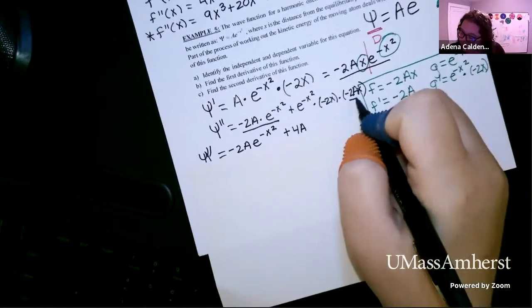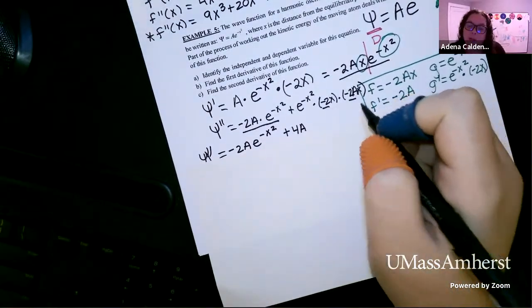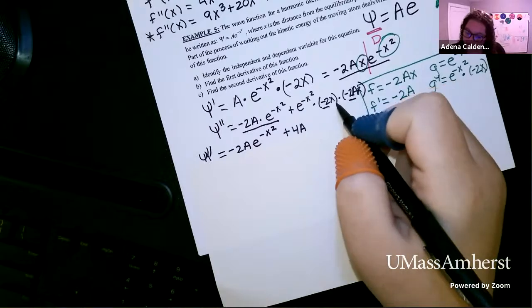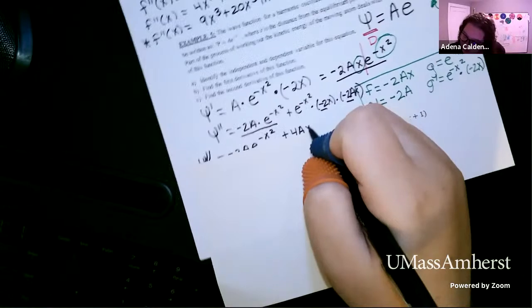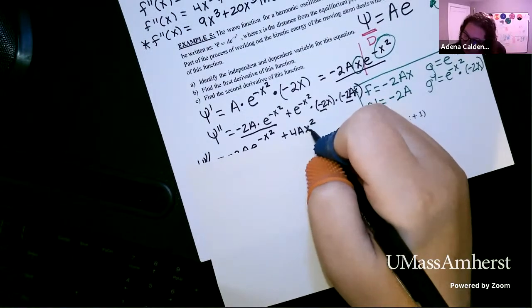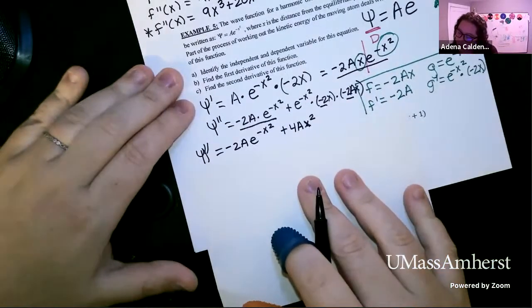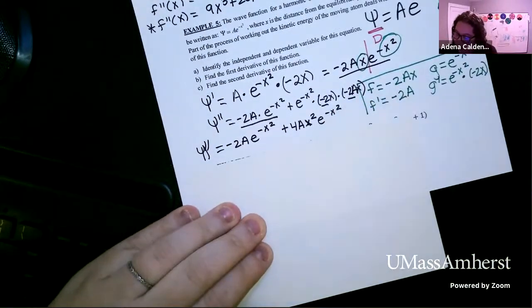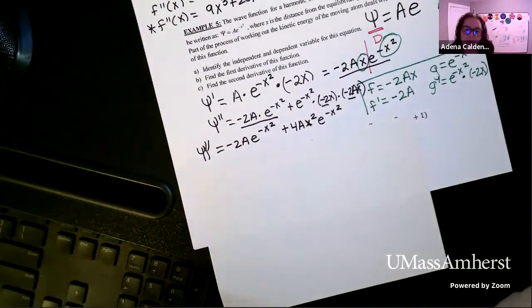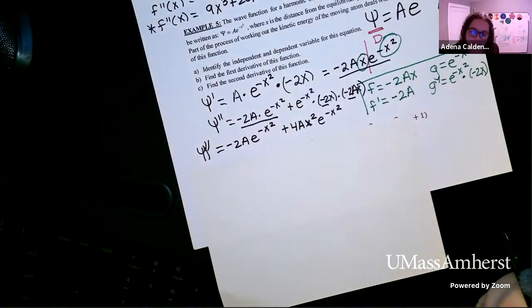So those are my constants. Then I look at my x terms. I have an x here and an x here. When I multiply my two x's together, I get x squared as my next term. And then I have my e term, so e to the negative x squared. So my second derivative simplifies to look like this.